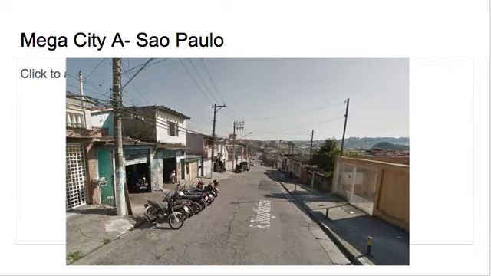So I thought we'd just have a look at a couple of megacities. I just took a quick snapshot. So here we see Sao Paulo, which is in Brazil, obviously a very large urban area. So not always are these megacities dominated by slum-like conditions, but of course you still have some challenges.